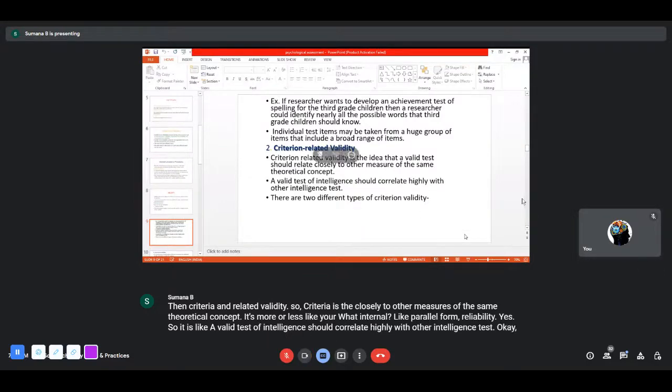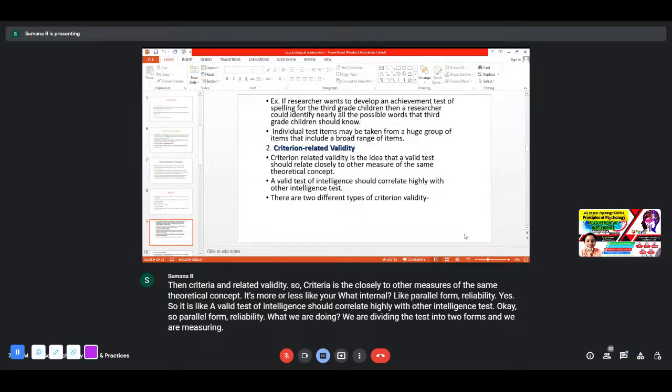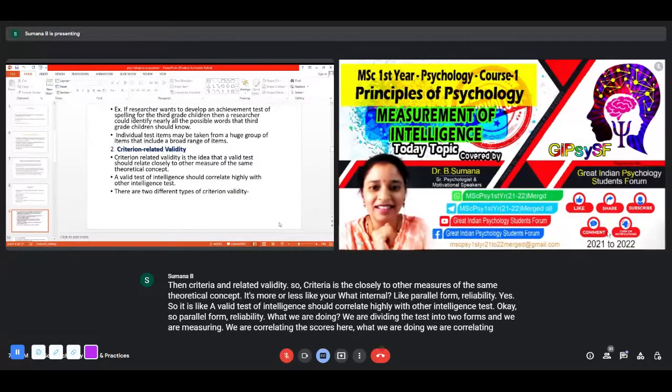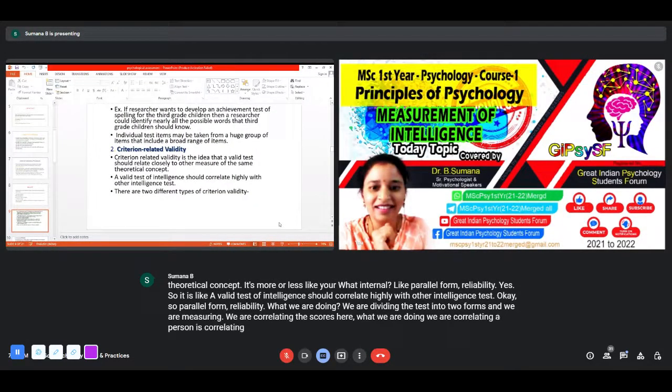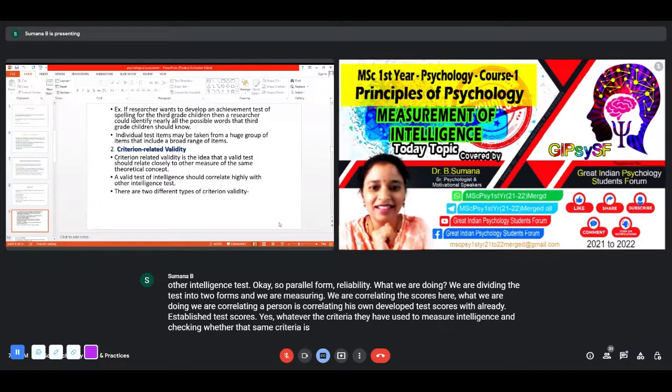In parallel form reliability, we divide the test into two forms and correlate the scores. Here, a person is correlating his own developed test scores with already established test scores. Whatever criteria they have used to measure intelligence, I am checking whether that same criteria is applicable for my test or not.